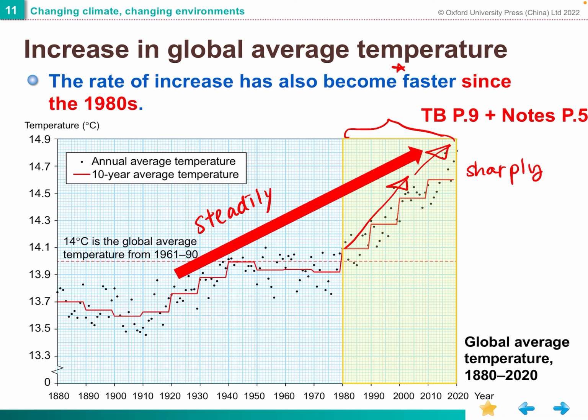Last point I want to draw attention to, no need to mark. We are now in 2022, right? So look at the number. Although there are too many points here, we found that those dots are also the highest temperature.